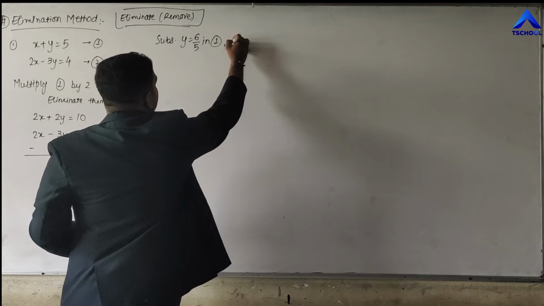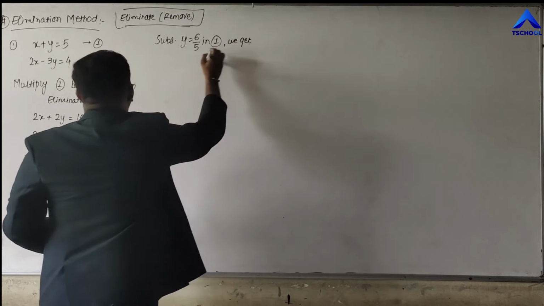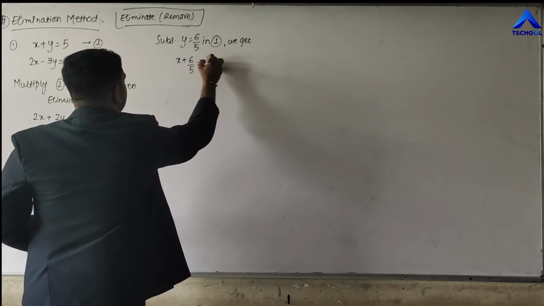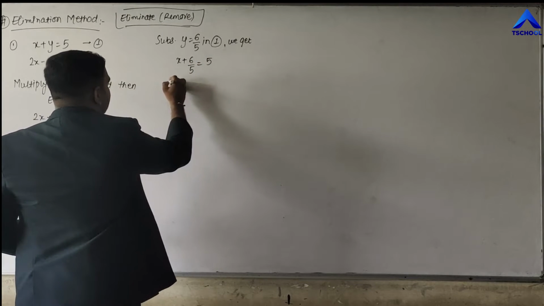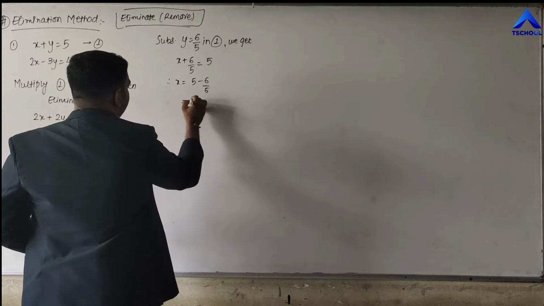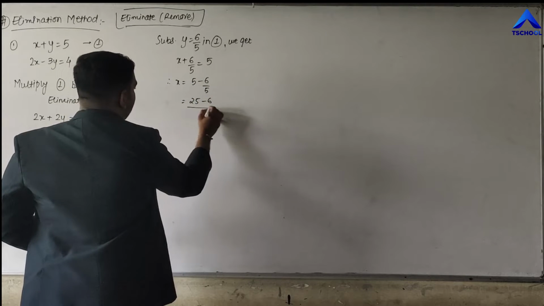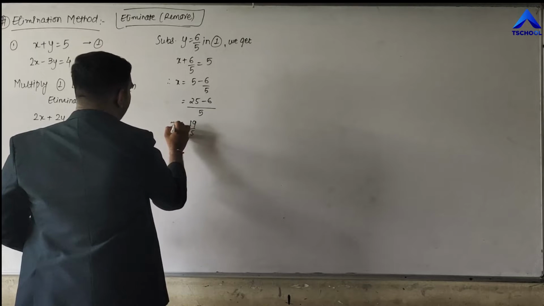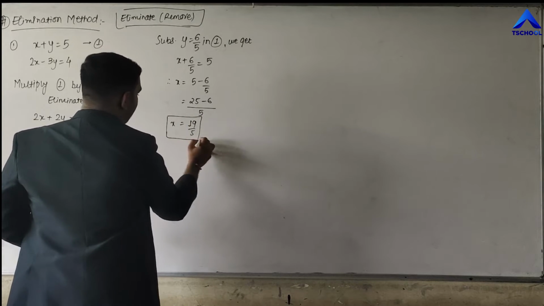What shall we get? We get x plus 6 upon 5 is equal to 5. Therefore x is equal to 5 minus 6 upon 5, that is 25 minus 6 upon 5, and that is 19 upon 5. So this is my x.